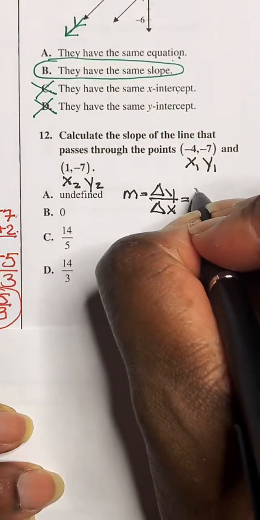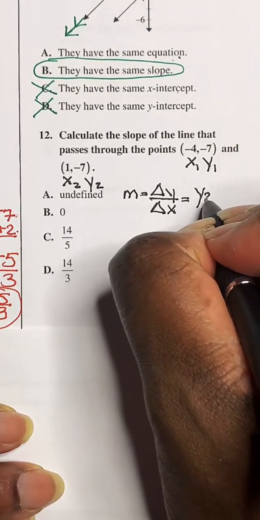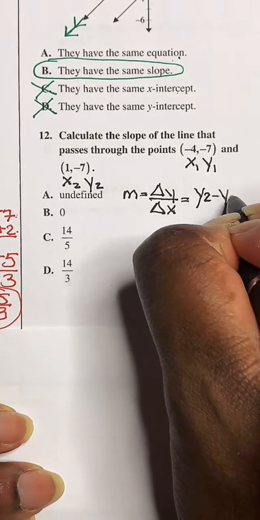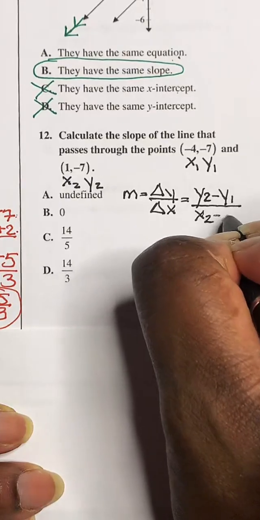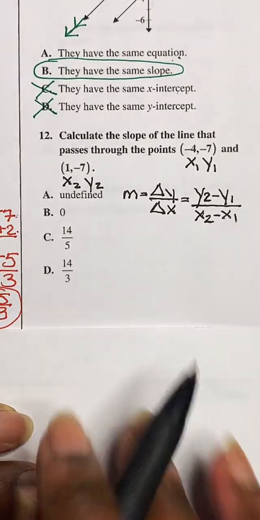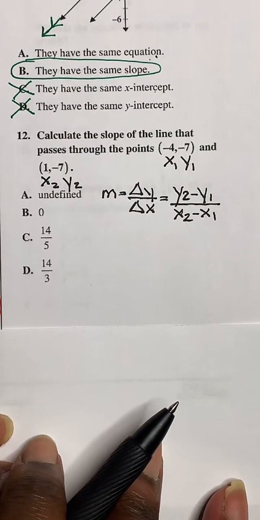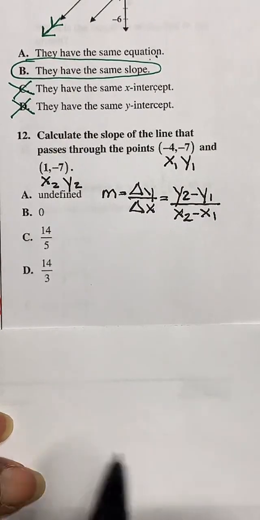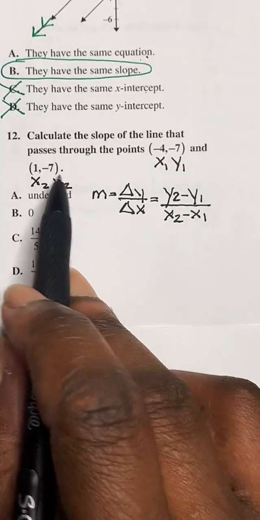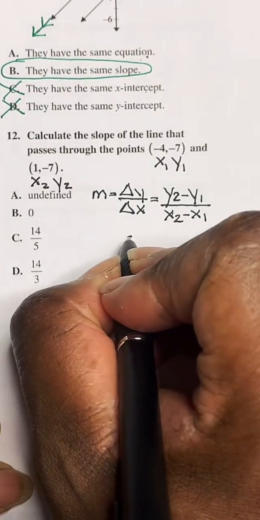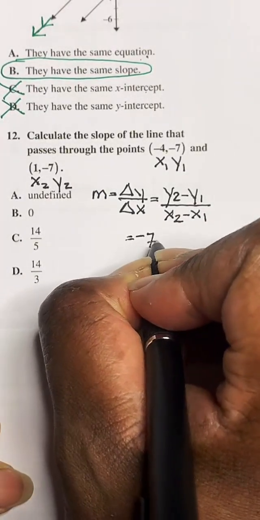So a lot of people remember the formula as y sub 2 minus y sub 1 over x sub 2 minus x sub 1. And all we're doing is plugging away. So in this case, my y2 will be a negative 7. I'm going to put it here.